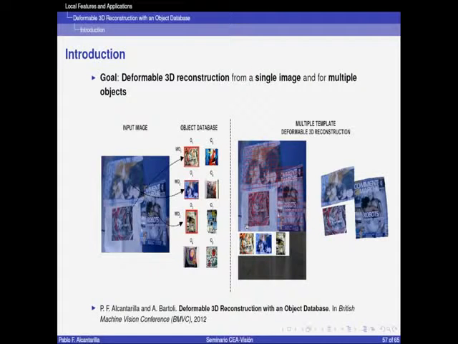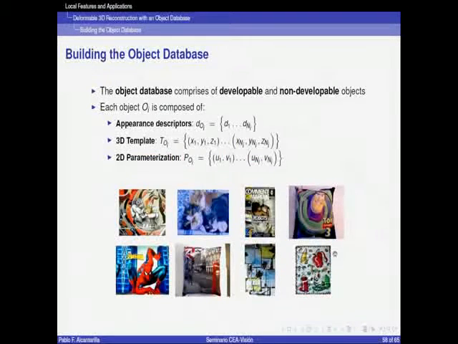Once we have detected the objects and we have the registration between our input image and the objects in our database, we can perform the deformable 3D reconstruction. The object database comprises developable and non-developable objects. By developable objects, I mean those objects that are planar, such as, for example, these pieces of cloth here, or the amazing Spider-Man flag here, or this t-shirt, or this magazine.